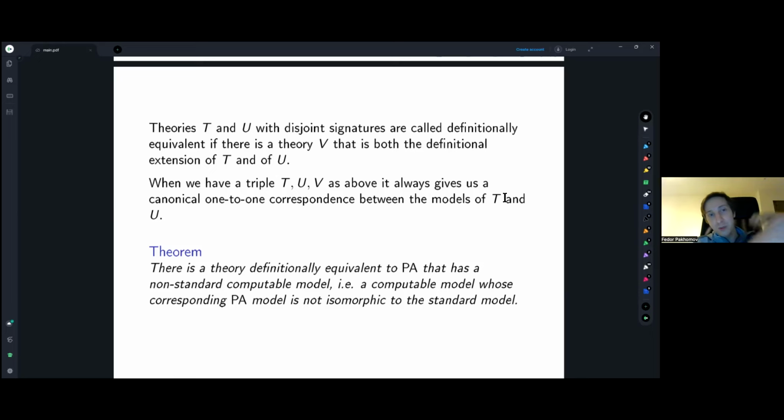When you extend to the language having both the elements of the signature of theory T and of the signature of theory U, the resulting theory should be a definitional extension of both T and U. So in practice we can go back and forth between the signatures of T and U.